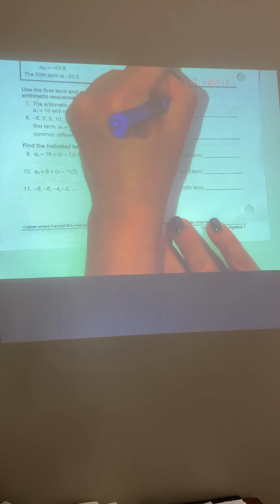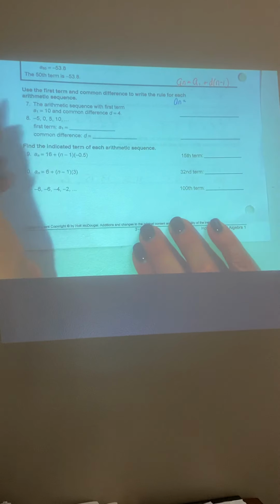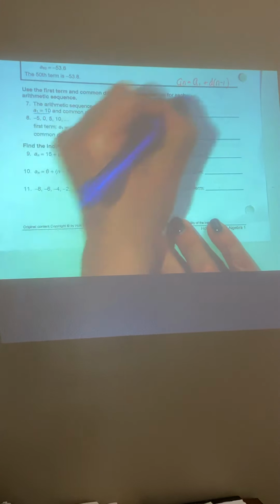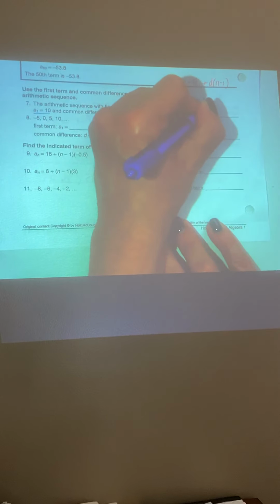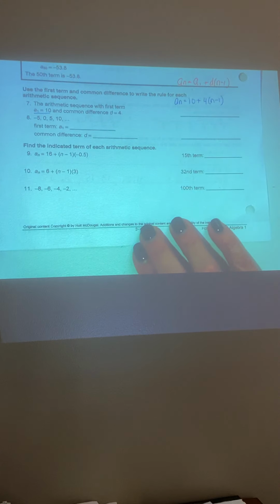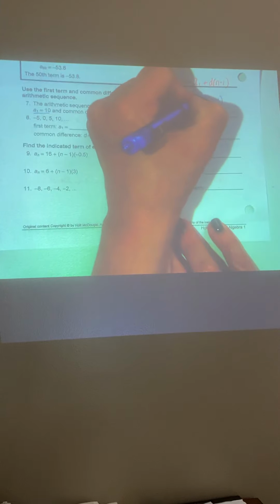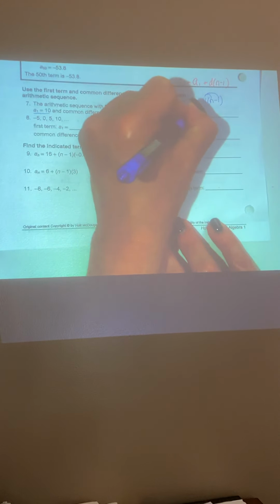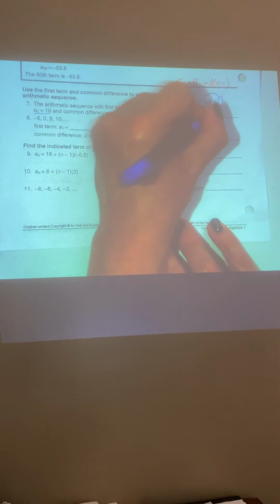So let's fill in what we know. AN equals A1 is 10, D is 4. I filled in what I know, and now what do I do? I need to solve. So I'm going to distribute. AN equals 10 plus 4n minus 4.